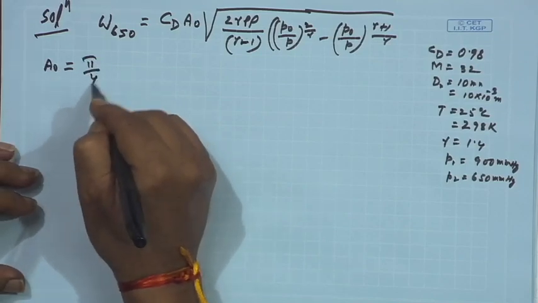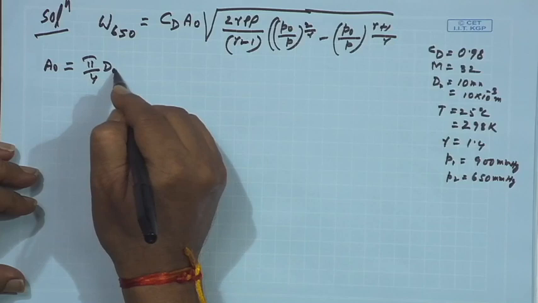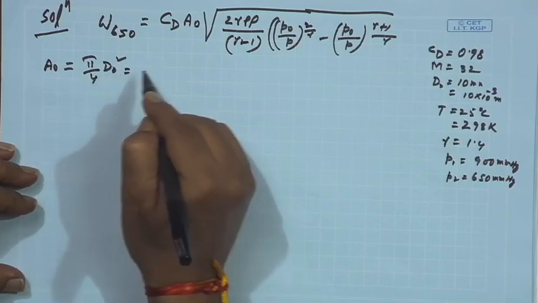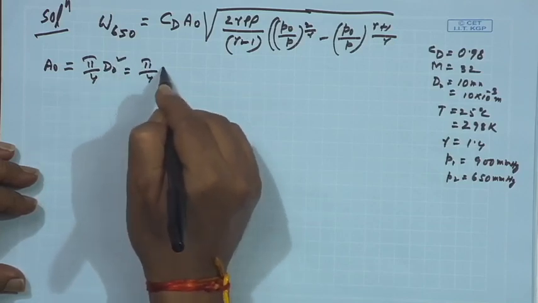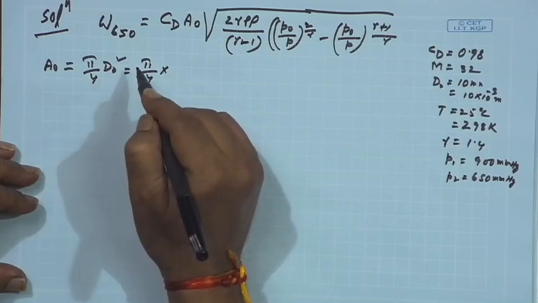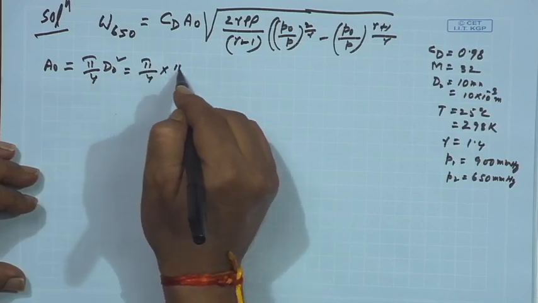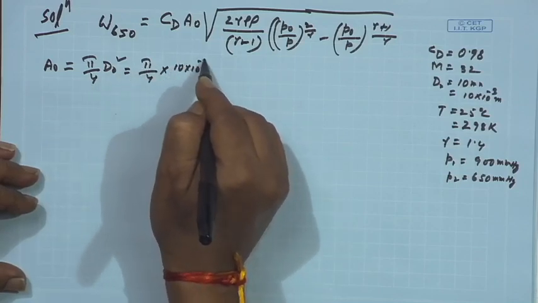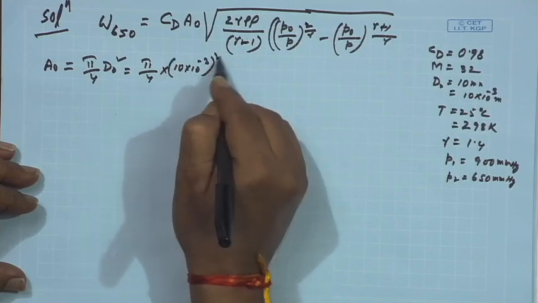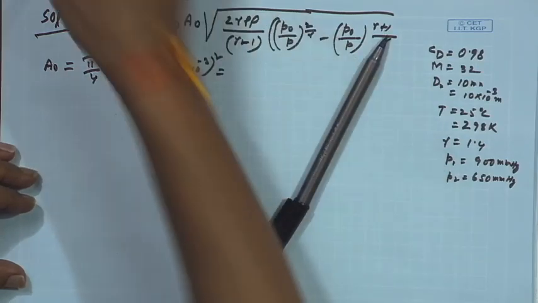A0 is pi by 4 D0 square, which is equal to pi by 4 into 10 into 10 to the minus 3 whole square.